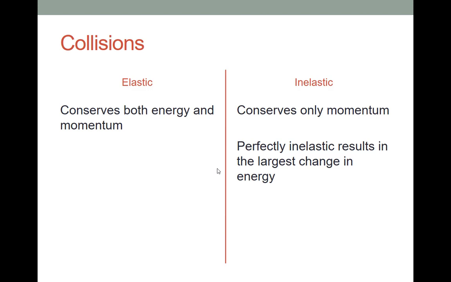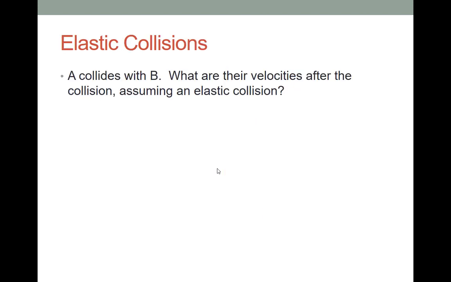There's only one set of final velocities that will solve both the energy and momentum conservation equations. To begin with, we're going to start with a derivation. Now, I did not see this derivation in your book, which was kind of interesting to me, but it makes doing the math for calculating elastic collisions much easier.